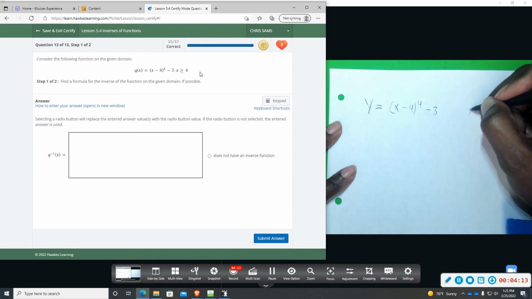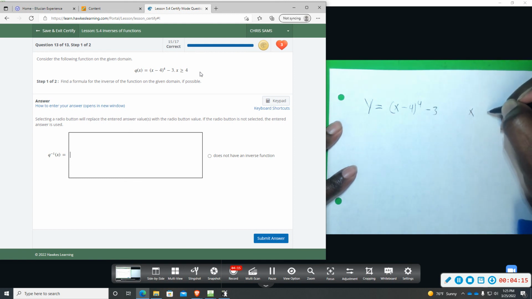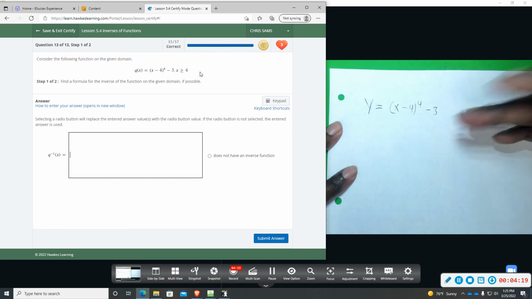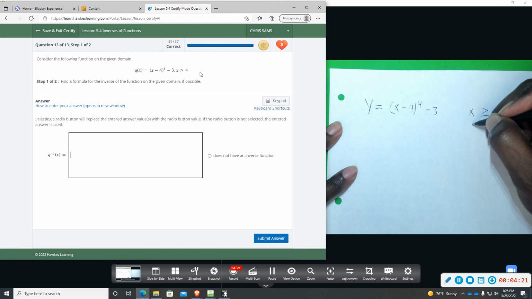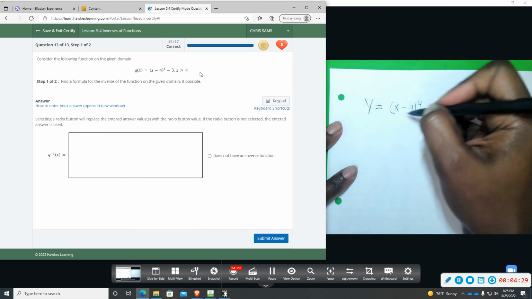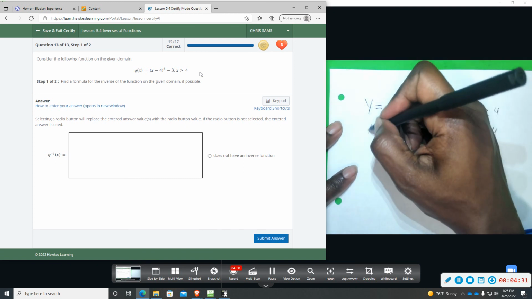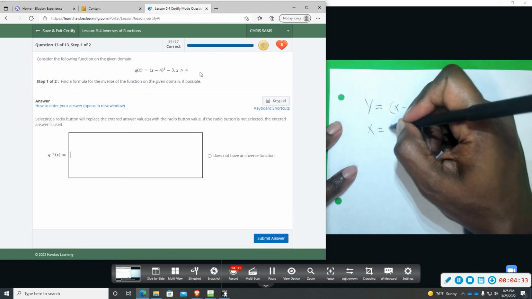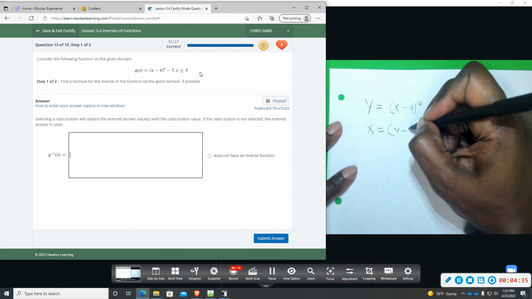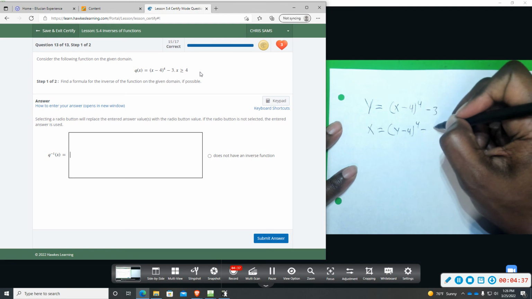And this is when x is greater than or equal to 4. So what's going to happen when I interchange x and y, this is now going to be y greater than or equal to 4. So my domain is now going to become my new range. I'm going to interchange x and y here. So x equals y minus 4 to the 4th minus 3.